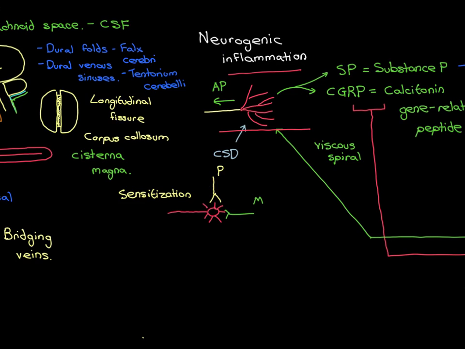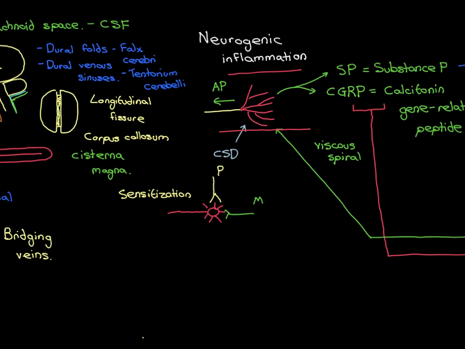Therefore, what must be happening is when you're continuously using this synapse between the meningeal nociceptive afferent and the second-order afferent, it seems that the synapse between the peripheral afferent and the second-order afferents also become strengthened, and therefore when you apply a stimulus to the peripheral area that should not cause pain, what that would lead to normally is maybe some action potentials coming up this peripheral neuron here, but previously they wouldn't have been enough to actually activate this second-order neuron, but after the sensitization of this synapse, now those action potentials are enough to activate the second-order neuron, and therefore will result in the second-order neuron firing and pain.